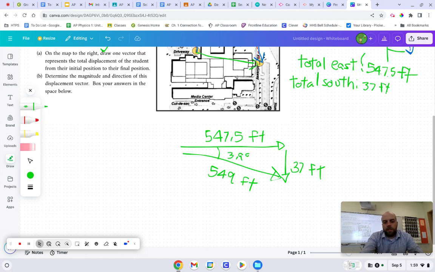So again, Pythagorean theorem to get this vector, and then this angle, I could realize that the inverse tangent of my opposite over my adjacent is equal to this angle. And there we are, 549 feet, and then 3.9 degrees south of east.